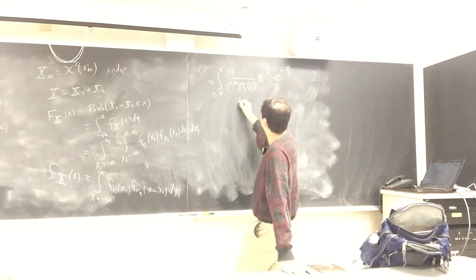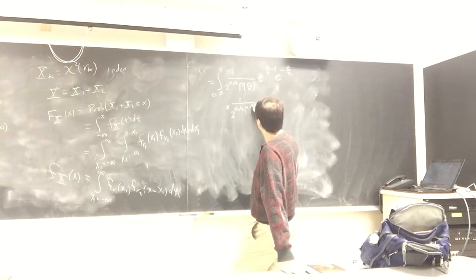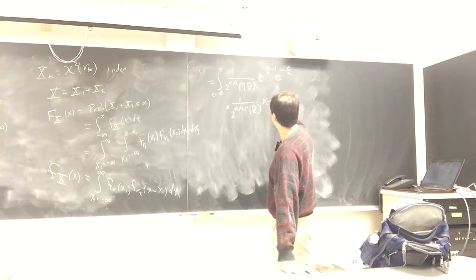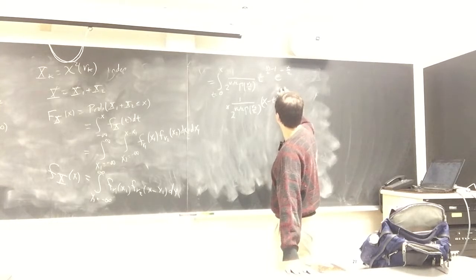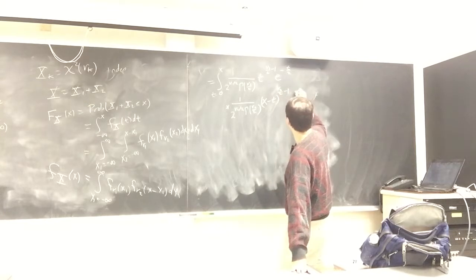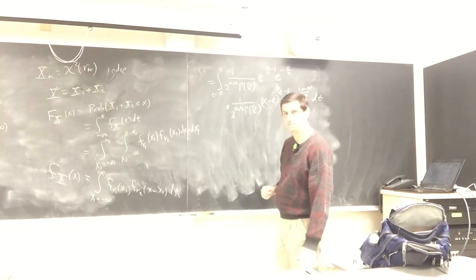The second piece is times 1 over 2 to the nu 2 over 2, gamma of nu 2 over 2, x minus t to the nu 2 over 2 minus 1, e to the negative x minus t over 2, dt.